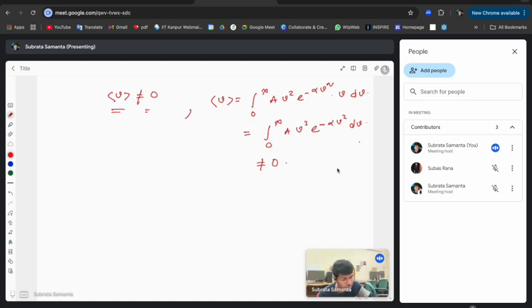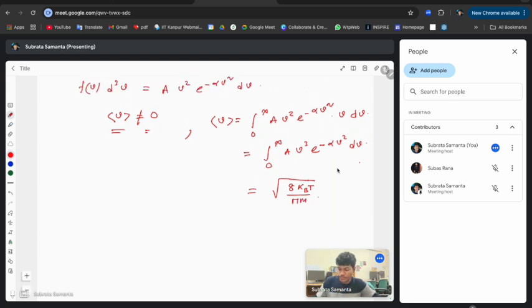So just for completeness, if you include the normalization factors, a is basically 8 kBT over pi m. Okay, so we have the alpha value.